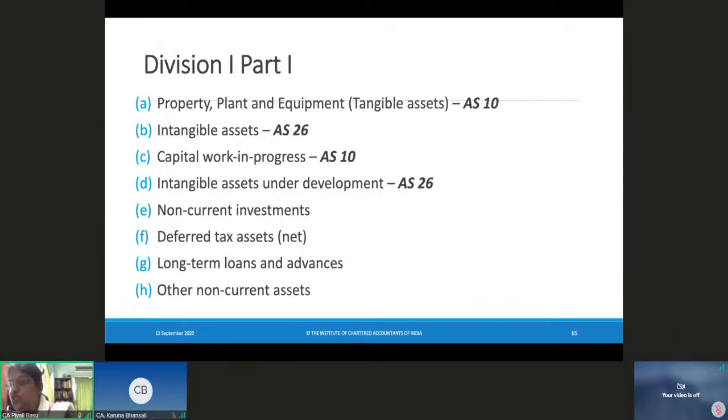So if any sale happens, it will come as other income, but it will not come as other operating revenue. But say there is a floor which the company owns, but it is given on rent because they are not using it, that can be considered as other operating revenue. Just some examples, okay?